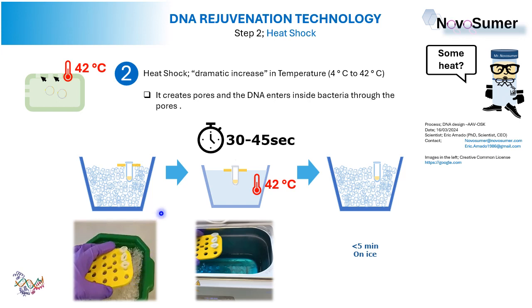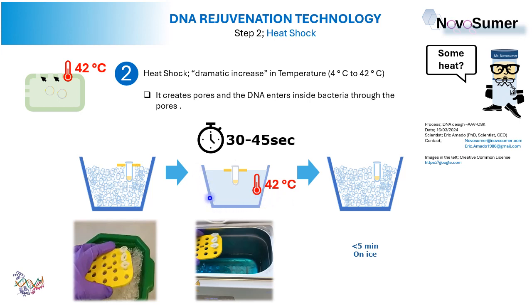So what is the next step? For the next step, we need a timer. The time is very important, so we need to measure the time. Okay? And what else do we need? We need a water bath. This water bath is set up for 42 Celsius degrees, as you can see here.